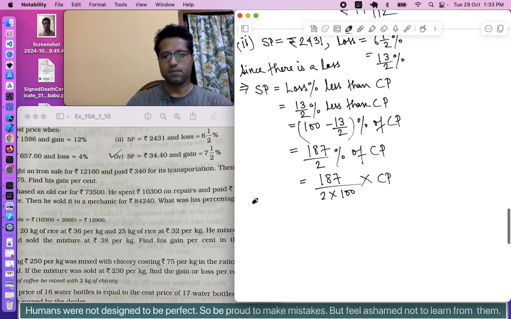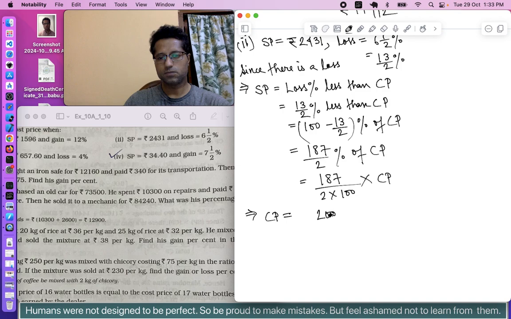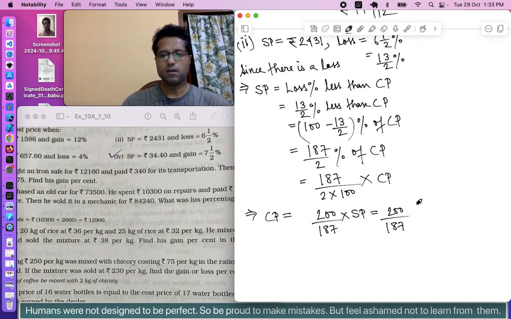So this implies CP will be equal to 200 divided by 187 multiplied by SP.